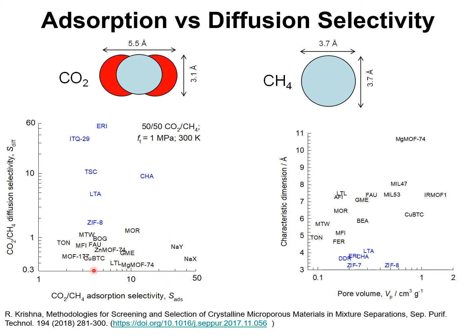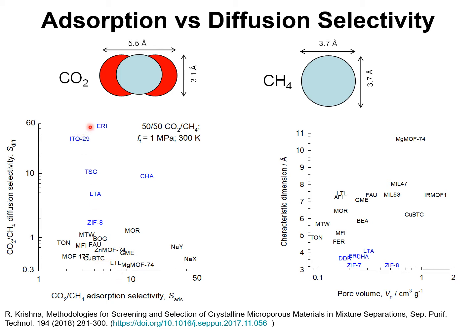This is a different class of material where the diffusion selectivity is lower than unity, but the adsorption selectivity is larger than unity. So adsorption and diffusion do not proceed hand in hand.